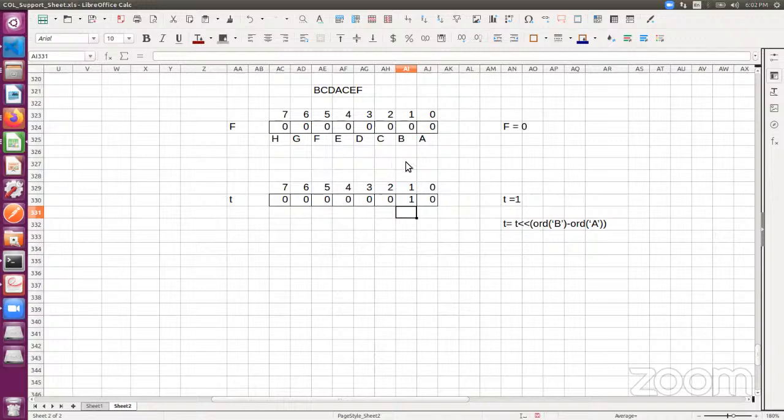Suppose this value is also 1, and if I perform the AND operation, F and T, F bitwise AND T, so what would be the output?